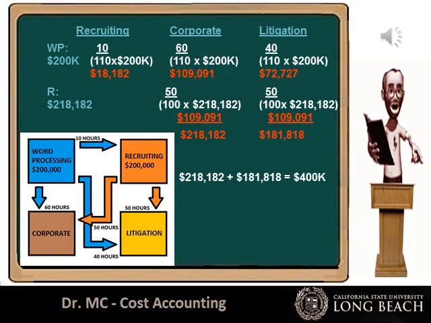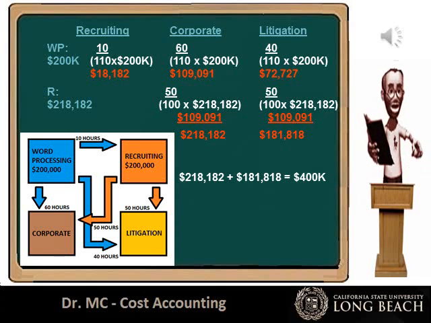Thus, corporate and litigation each receive $109,091 of recruiting costs. The $218,182 allocated to corporate plus the $181,818 allocated to litigation should equal the original $400,000 with which the support departments started, which it does.